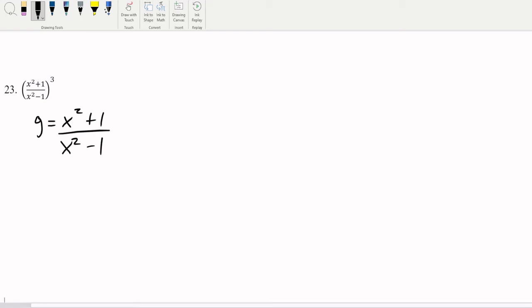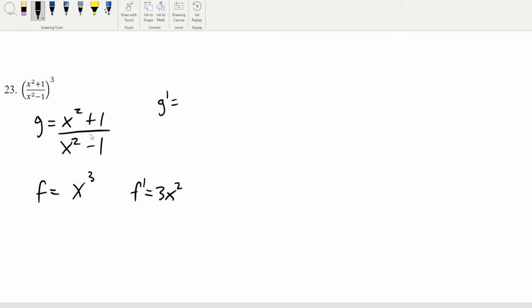Then, what do I now see on the outside? Well, on the outside, what am I doing to this? I'm cubing it. So your f can just be the answer to the question, what am I doing to this inside? All right, f prime is 3x squared. That's not bad. g prime, on the other hand, this is where the quotient rule comes in.